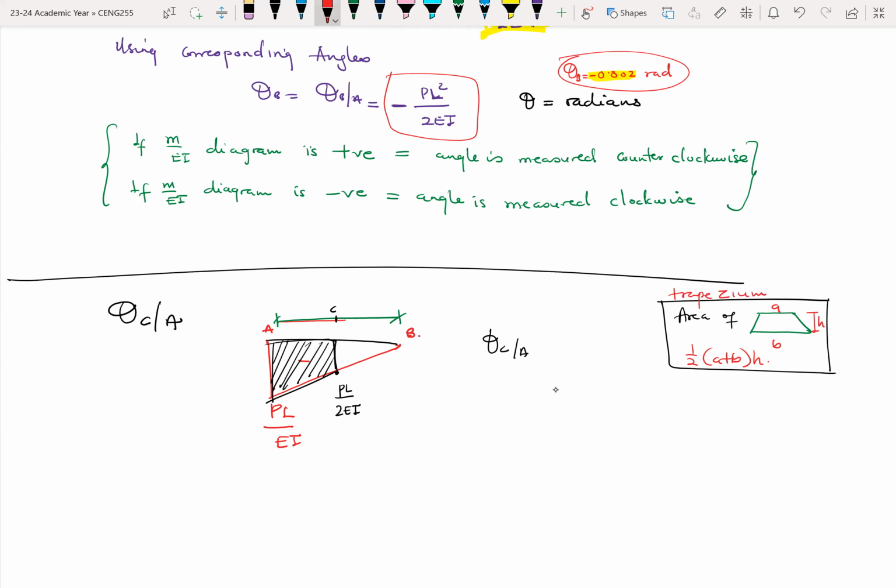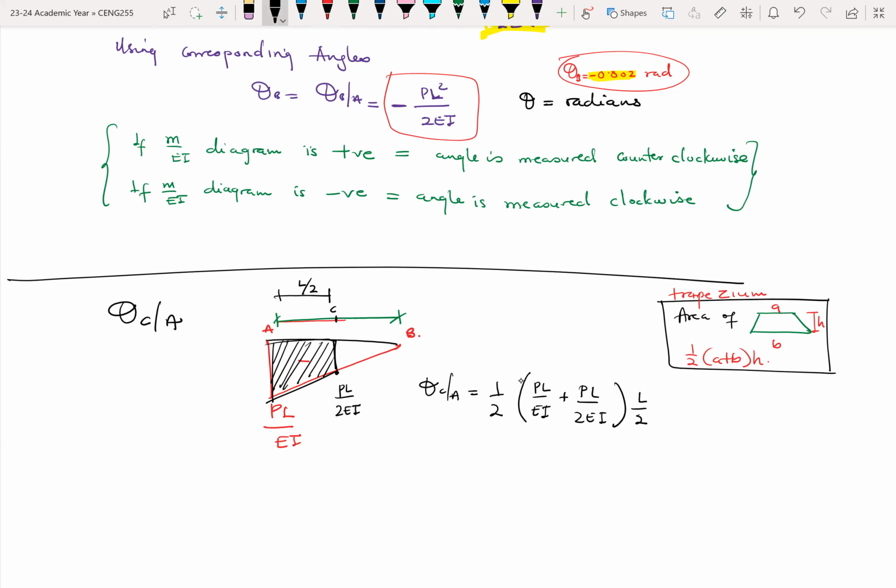So here, theta CA is equal to half of PL over EI plus PL over 2EI, and then the length here is L over 2, so times L over 2.